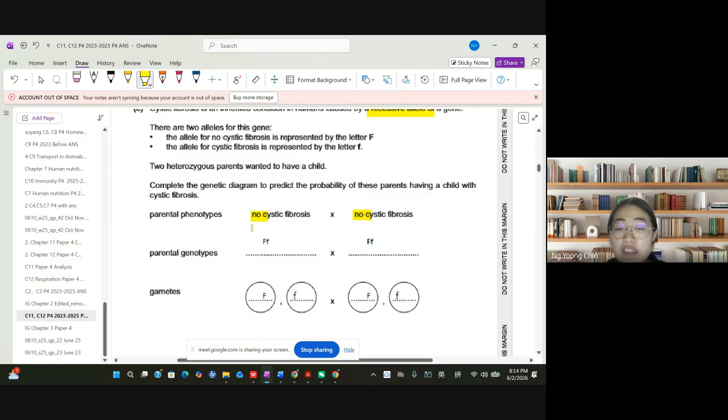So if they don't have cystic fibrosis in physical appearance, it might be like this, or it might be like this, which is the big F and small f, because they are carriers.